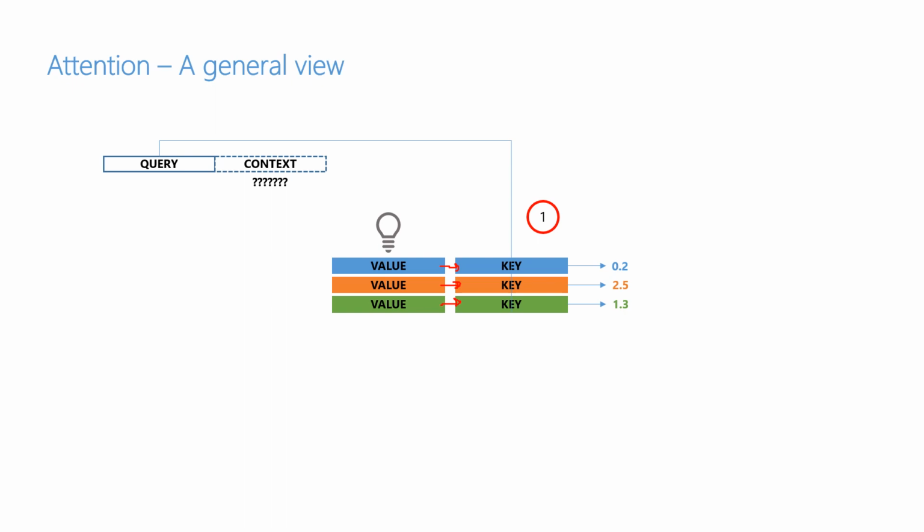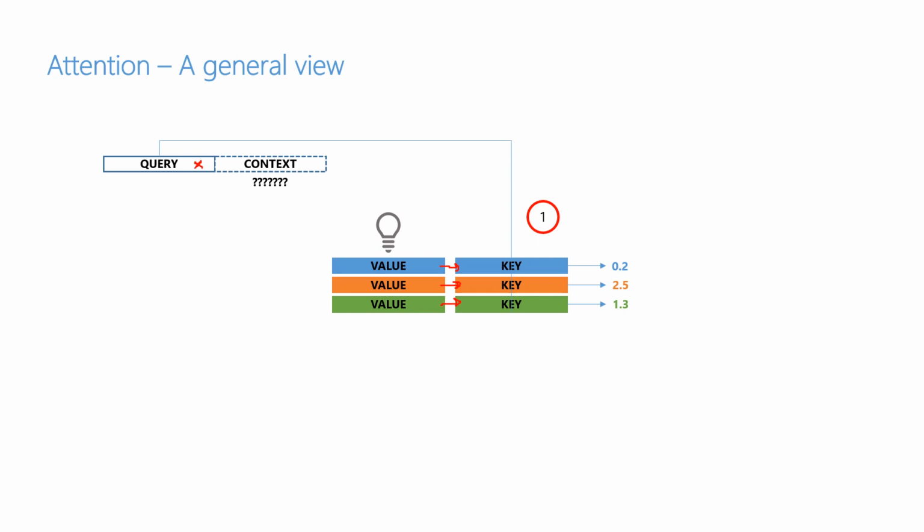And the objective of the key is that the key is able to tell us how relevant is this value with respect of the current problem that we have, the current information that we are processing, that is the query.